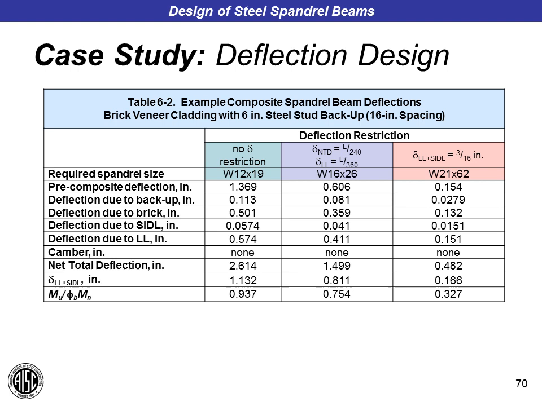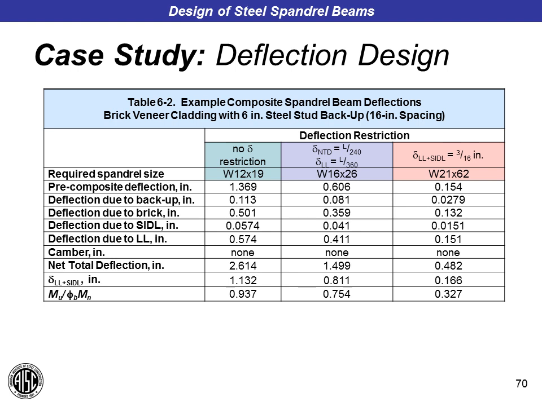So the deflection of the brick itself will occur prior to the sealant being installed in the joint. So you do not have to consider the deflection of the brick in this particular deflection criteria. It's conservative to do it, but you don't have to do it. All right.